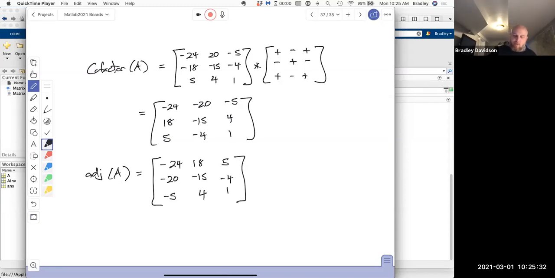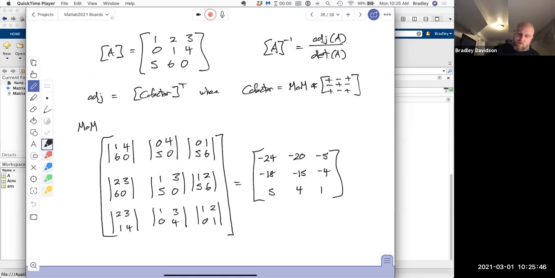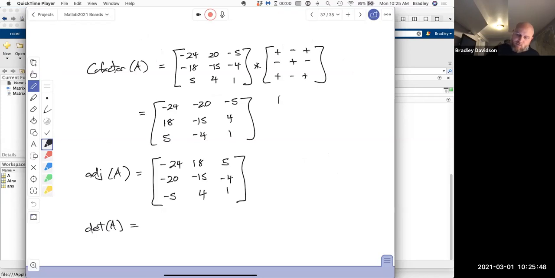And then coming up with our determinant is actually pretty easy because we've already created our matrix of minors. And so that means in our determinant, let's write this original matrix for reference.